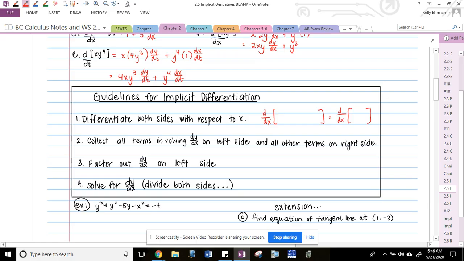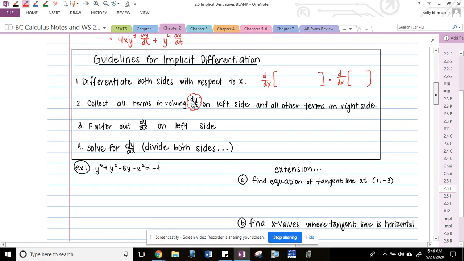And then once you take your derivatives and you have all your little dy dx's and everything else, collect all terms involving dy dx on the left side of the equation, then we'll move everything to the right. And that will allow us to factor out a dy dx and then solve for dy dx. We've done something similar if you've had variables where x's and y's are being multiplied and you're supposed to solve for y. So this might look familiar once you start doing it.